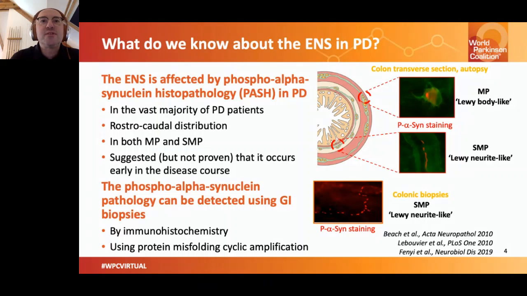The aspect of the staining in the myenteric plexus is quite similar to Lewy bodies, while the staining in the submucosal plexus is more reminiscent of Lewy neurites. It has also been shown that alpha-synuclein pathology could be detected in GI biopsies using either the classical immunohistochemical approach or new techniques for the amplification of pathological proteins, such as PMCA.